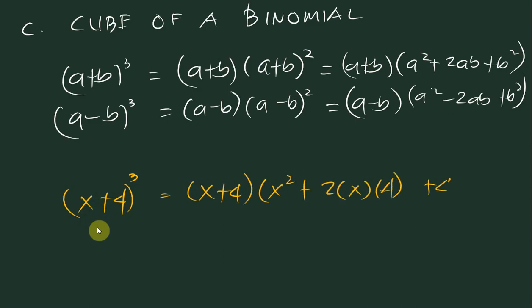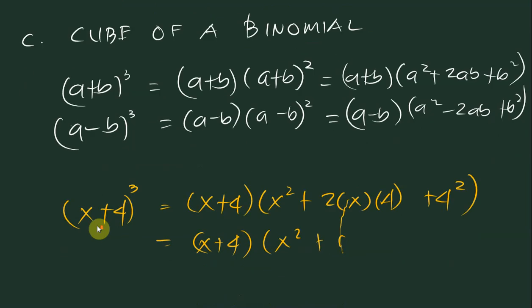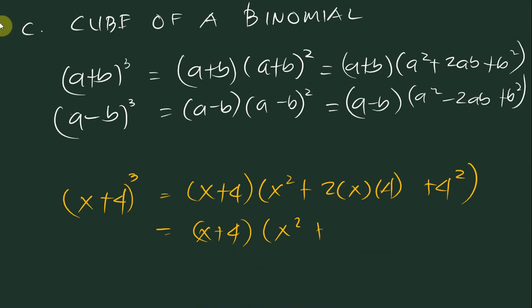And then plus 4 squared. Okay, so this will be x plus 4 multiplied by x squared plus 8x plus 16.